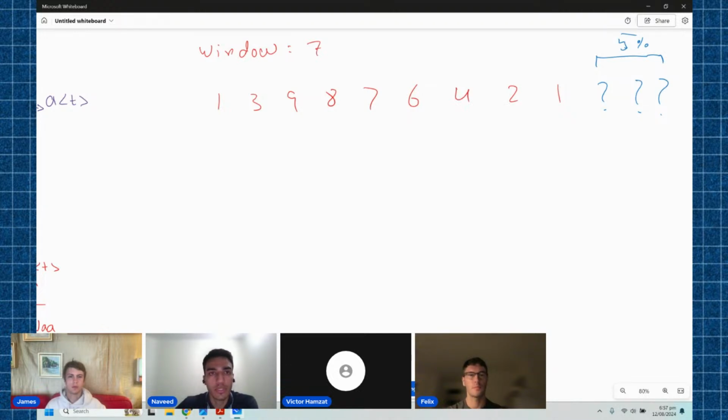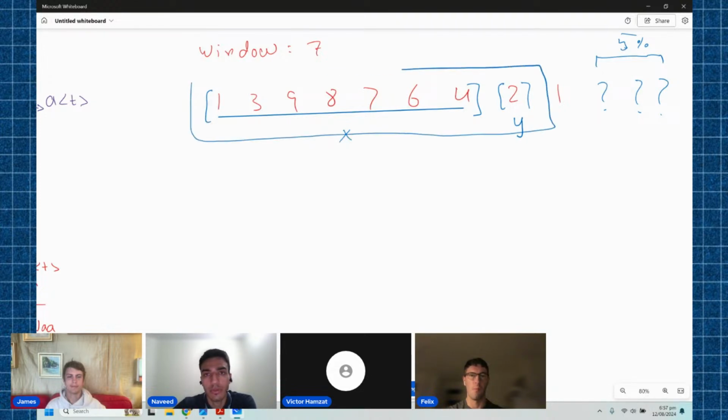So what we do is, if the context window is 7, we simply take 1, 2, 3, 4, 5, 6, and 7 values. We store them in X, and this one becomes the target Y. This constitutes one training example.